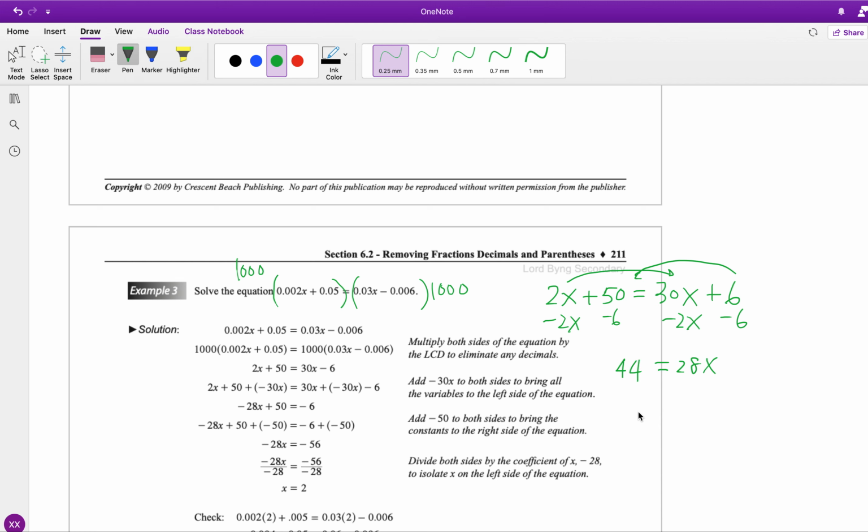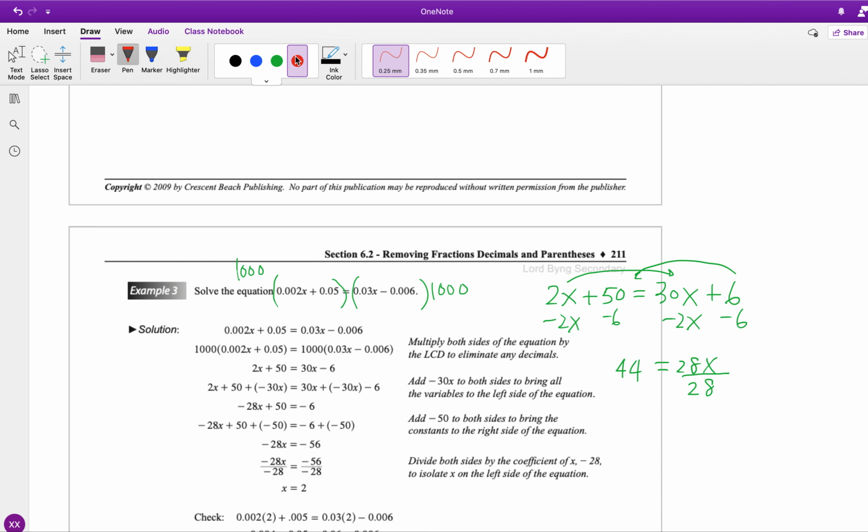Is that 44? What did I do wrong? 36, yeah, 2x, 28x, 44. Then this is divided by 28, divided by 44. Subtract, oh, sorry, I made a mistake here, guys.